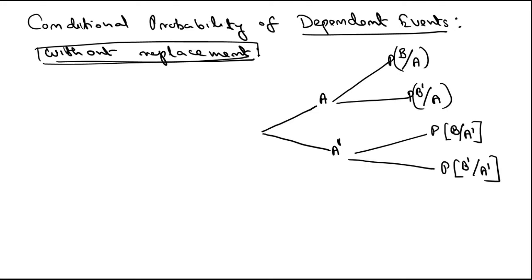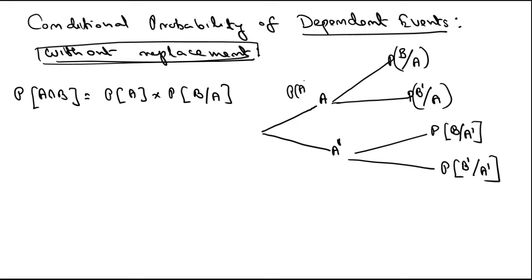So from this we can say that probability of A intersection B equals probability of A into probability of B given A. Here probability of A is happening, and this is probability of A complement.